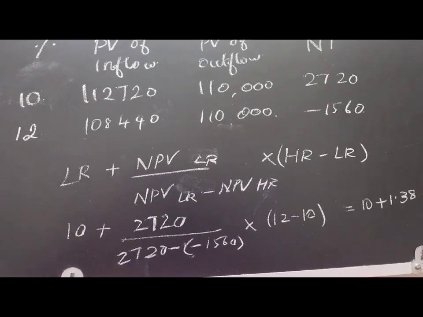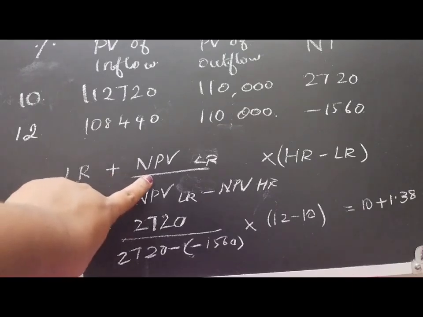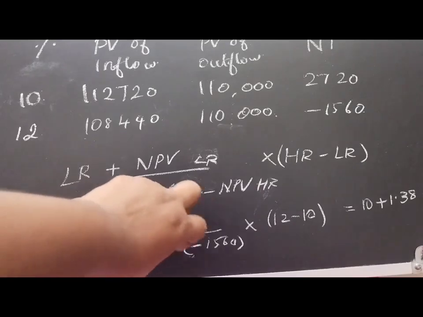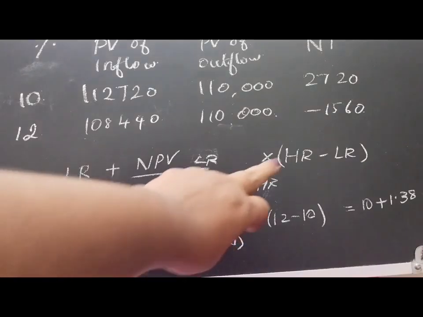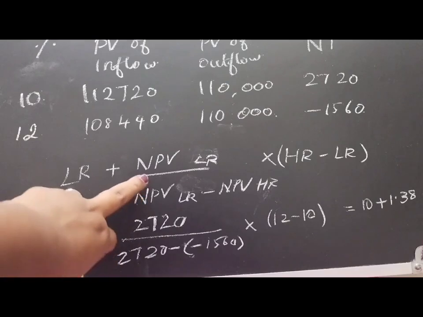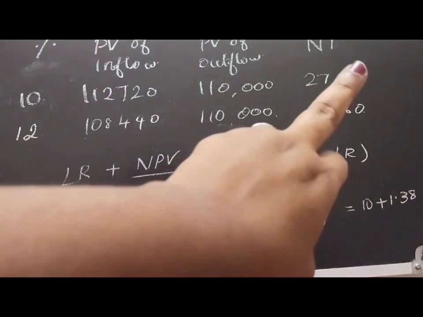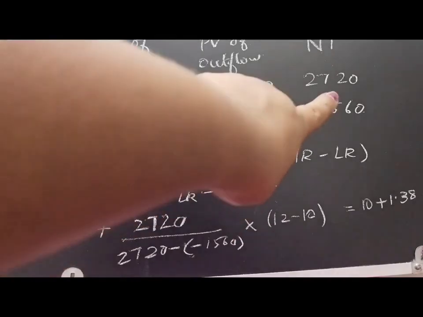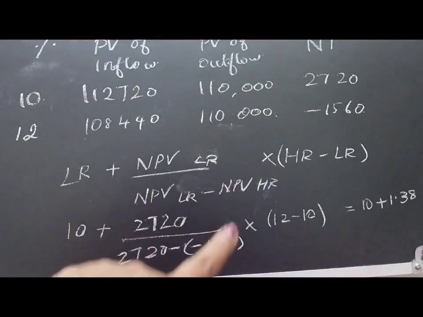The formula is: lower rate plus NPV of lower rate divided by NPV of lower rate minus NPV of higher rate, into higher rate minus lower rate. Here lower rate is 10%, NPV of lower rate is 2720, and NPV of higher rate is minus 1560.